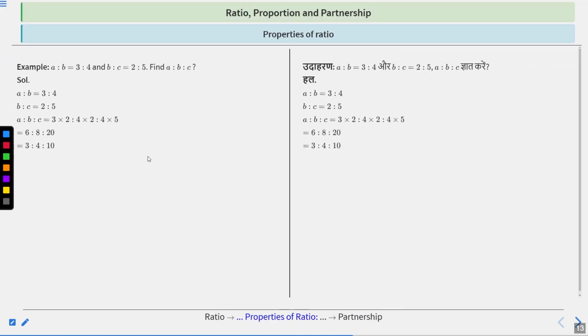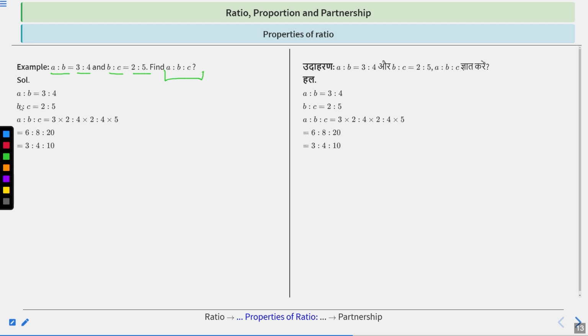Now we will see some formula based examples. The first example: A ratio B has been given as 3:4 and B ratio C is given as 2:5, and find A ratio B ratio C. So how can we find ABC?